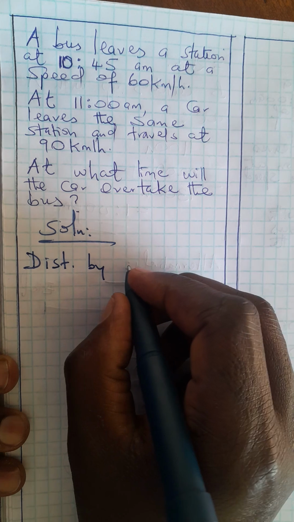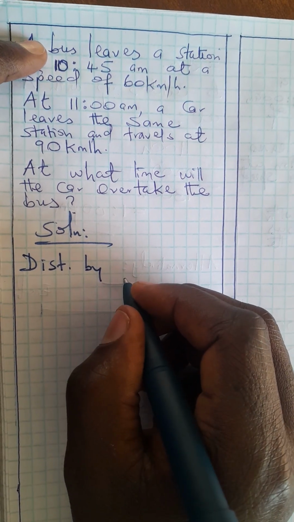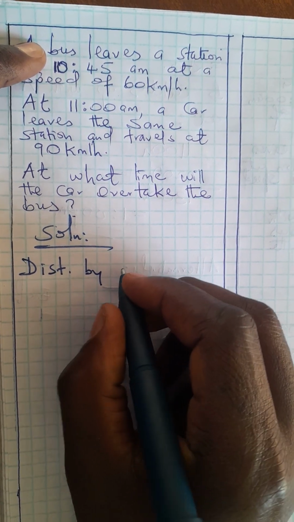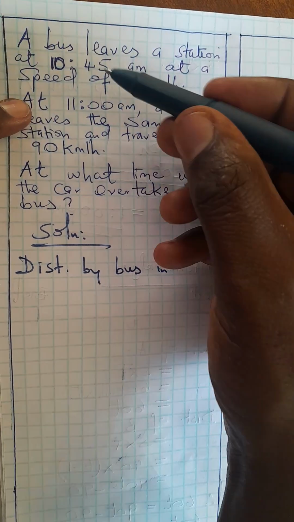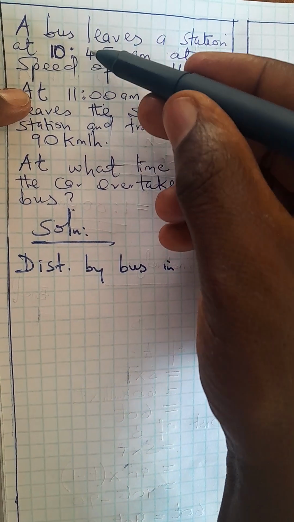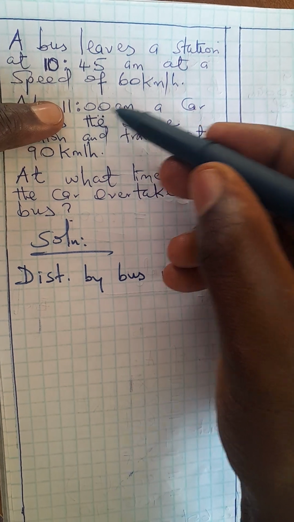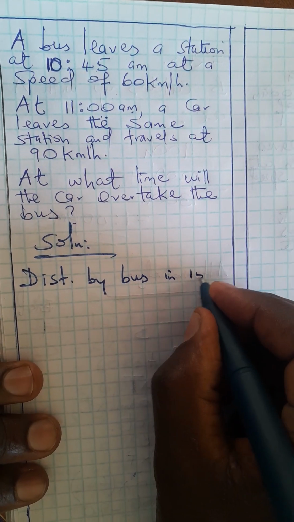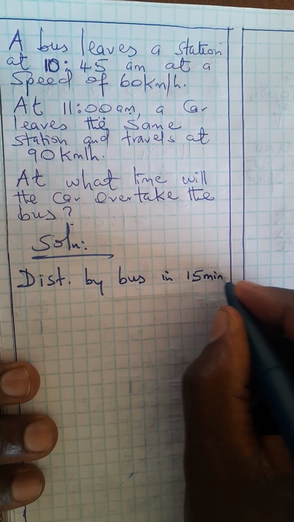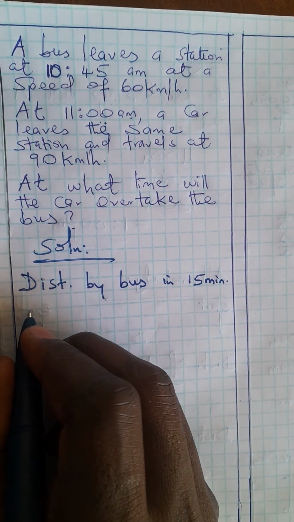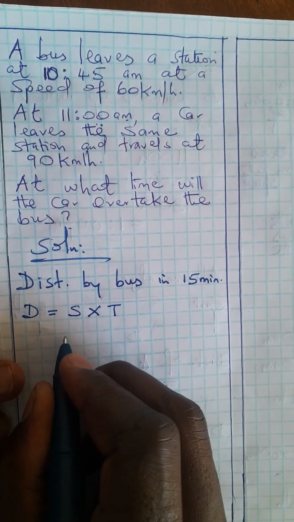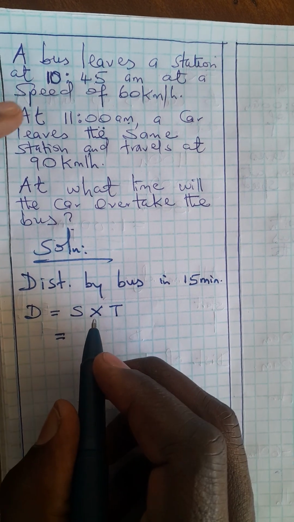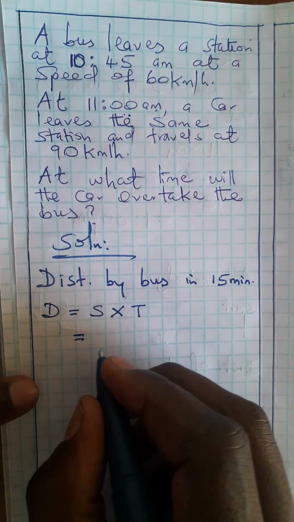Distance traveled by the bus, because it is the one that begins the journey earlier. Between 10:45 and 11 a.m. is 15 minutes. We know that distance is given by speed times time. Speed of the bus is 60 kilometers per hour.